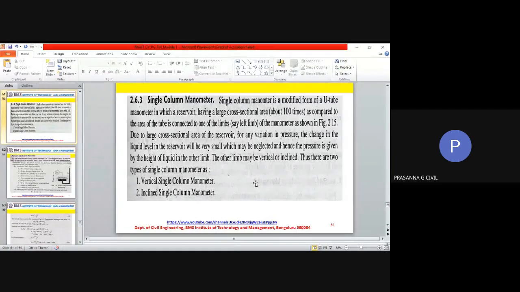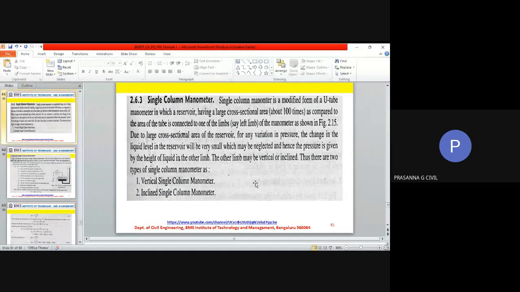Okay, so coming back once again, manometers and pressure gauges are pressure measuring devices. In manometers, we use fluid columns to balance and measure the pressure. It can be the same fluid, it can be a different fluid. Manometers can be basically two categories: simple manometers and differential manometers.